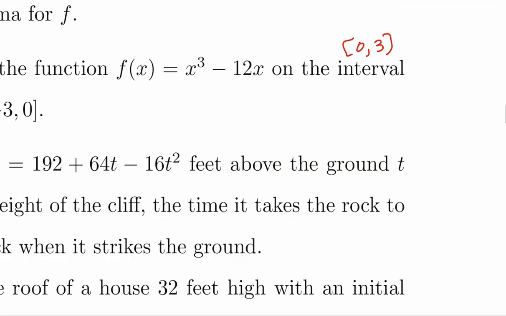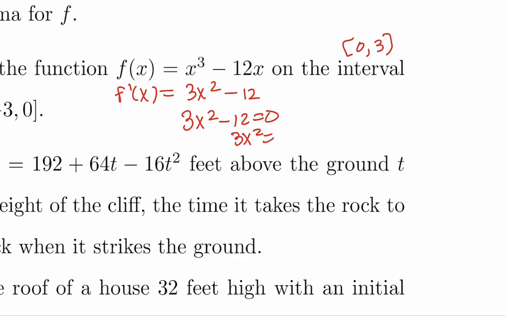So if we want to do this, the first step was to take the derivative. The second step was to find any critical numbers that are in the intervals. Remember, critical numbers are where the first derivative equals 0 or is undefined. This is a polynomial. It is always defined, but it can equal 0 if we add 12 to both sides and divide by 3.